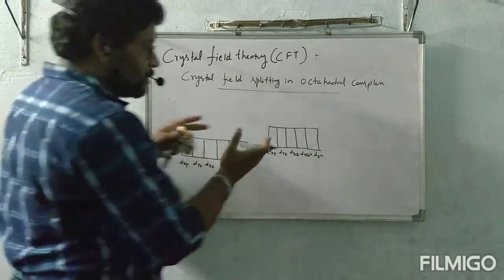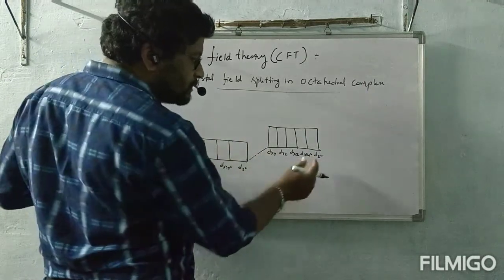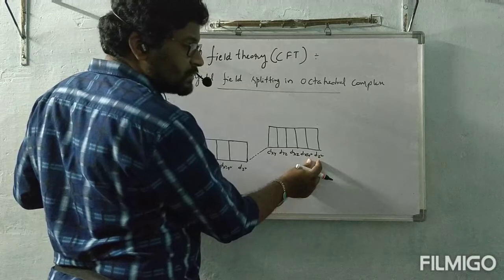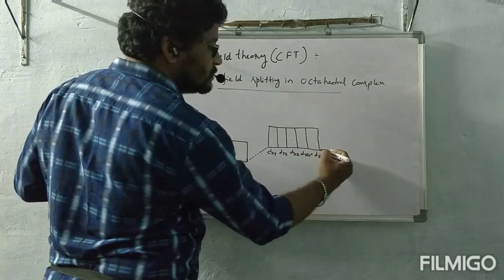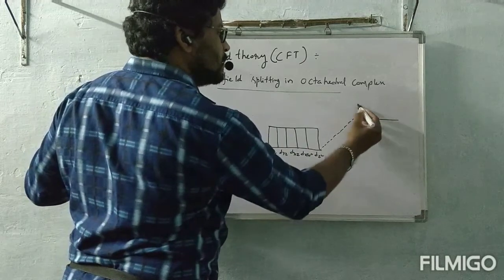Next, now ligands are approaching along the axis. Which 2 orbitals lie along the axis? dx square y square and dz square. These 2 orbitals' energy increases.